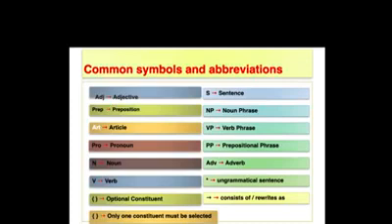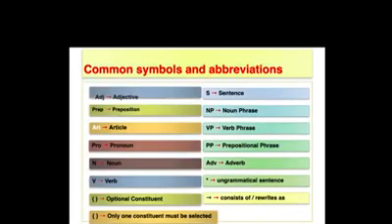For example, here you have the brackets. They mark optional constituents, and the other brackets here, the curved brackets, mean that only one constituent must be selected. Also, you have the star, which means an ungrammatical sentence.